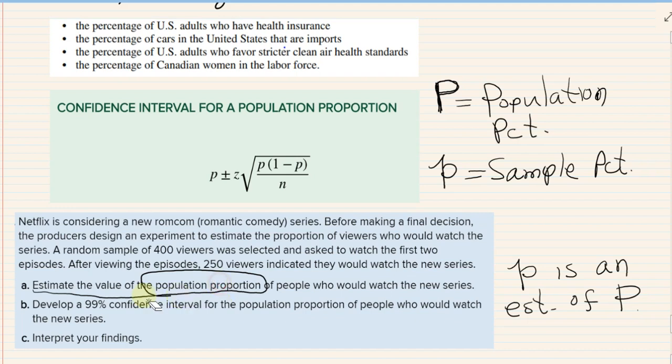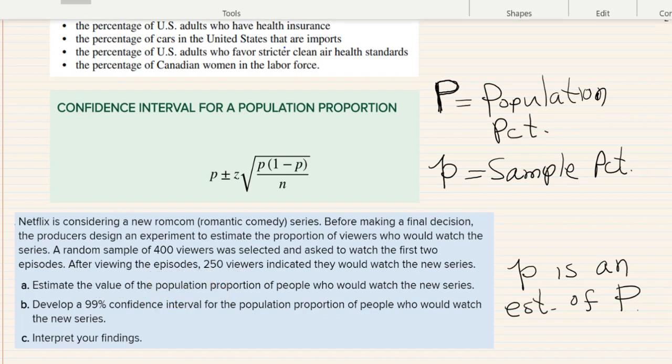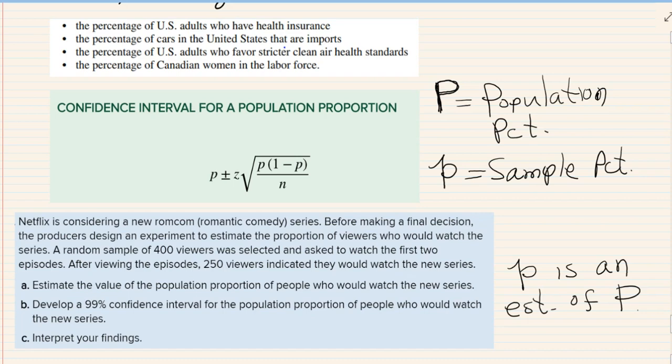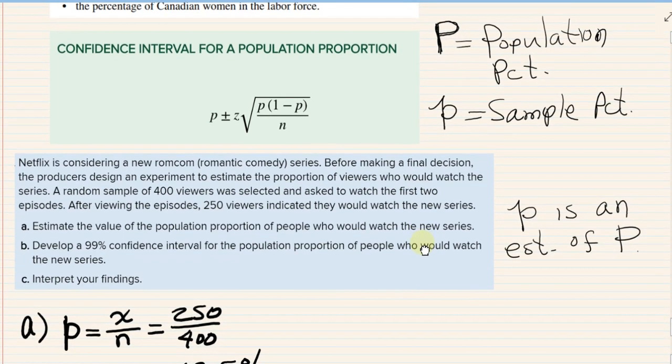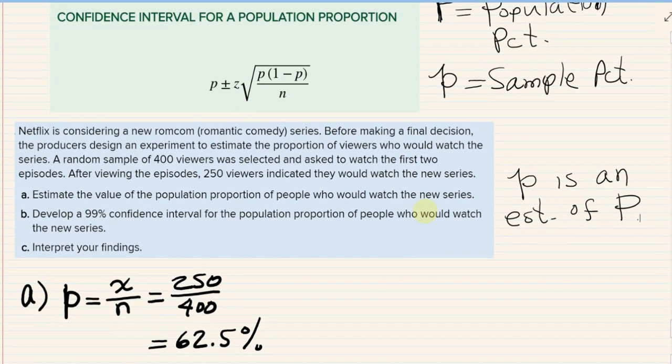So we need to calculate the sample percentage, and that's what I did. Little x over little n. 250 said they would watch it out of 400. That's 62 and a half percent. Almost 2 out of 3 said they would watch it.